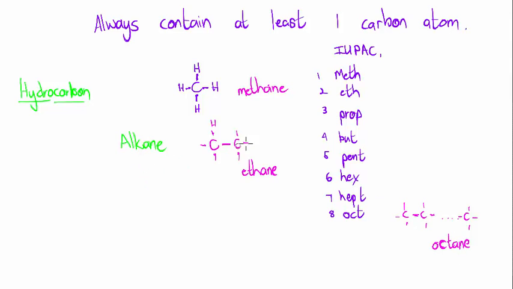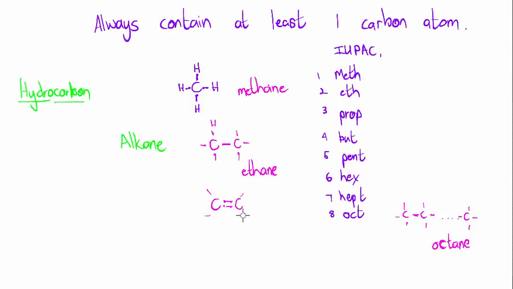Okay, so what could happen now is that I could have that one carbon decides to share 2 of his valence electrons with another carbon, but because he's sharing 2, this one must also bring his to the party, so he also shares 2.